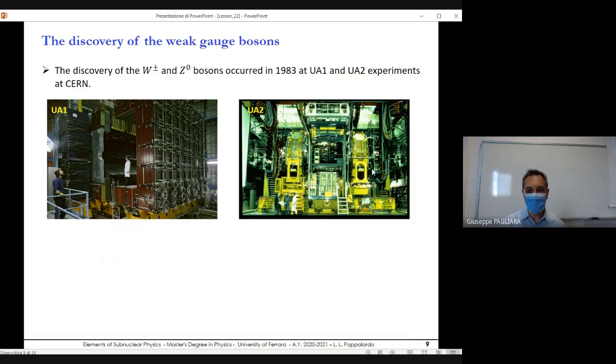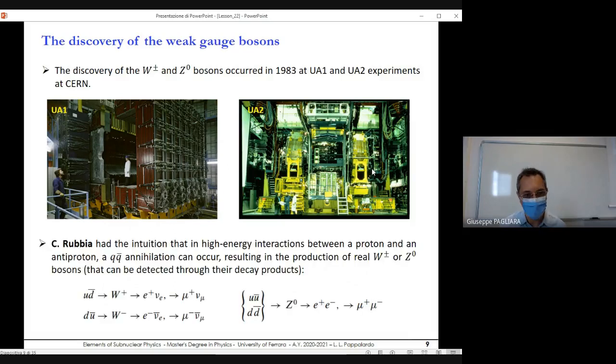So how did this experiment work? The intuition of Rubbia is that when you are colliding at high energy a proton with an antiproton, at the elementary level the collision is between a quark or a parton of the proton with an antiquark or an antiparton in the antiproton. So if, for instance, you allow for a collision between an up quark from the proton and an anti-down quark from the antiproton, then you can form a W+, which then eventually decays into, for instance, the electronic channel.